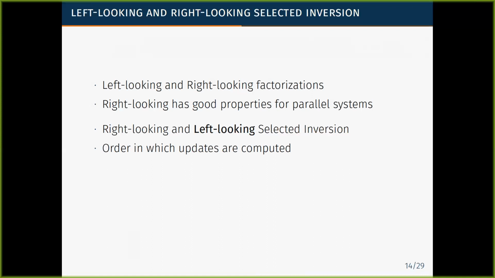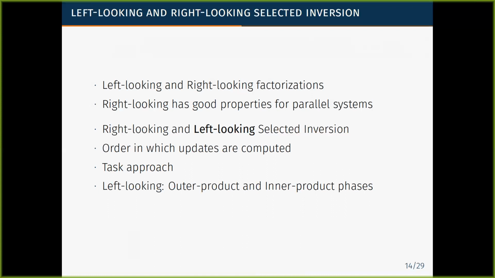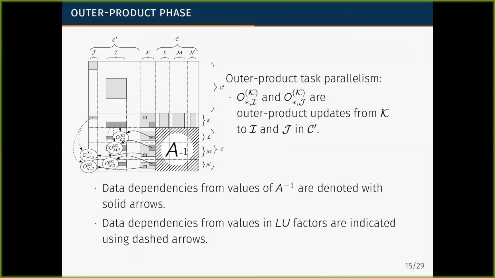Like I said, the algorithm basically determines the order in which the updates are computed. We've been looking at a task approach using OpenMP tasks. In terms of operations, left-looking roughly has two types: outer product and inner product. I'll just skim through this very quickly.